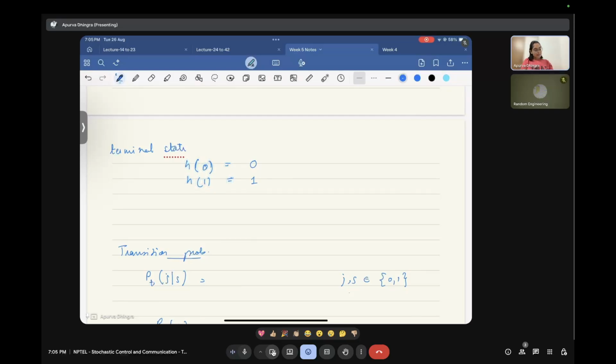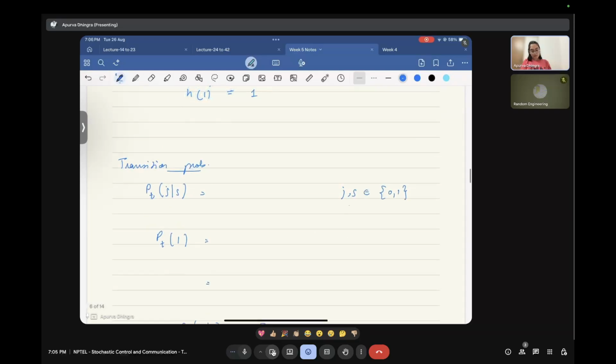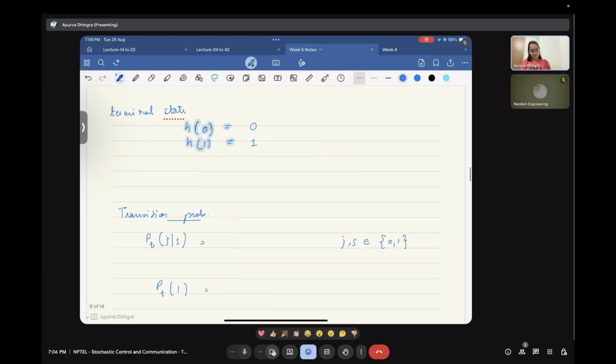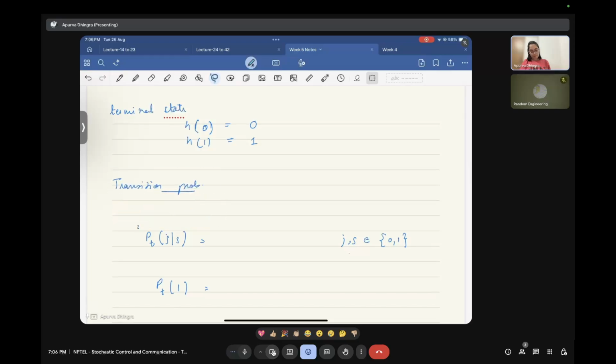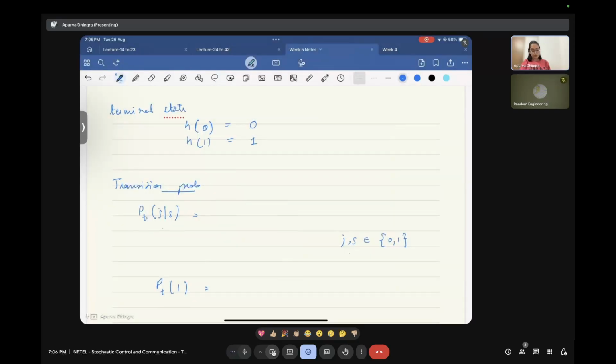Okay, now next we have to talk about the transition probabilities of this problem. So let's say for each time t, we're writing the transition probabilities as this.